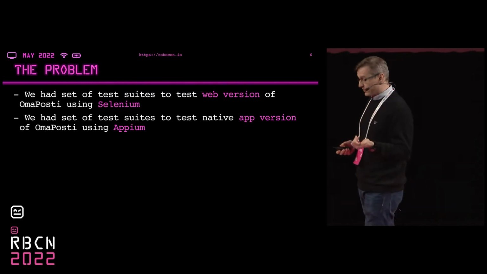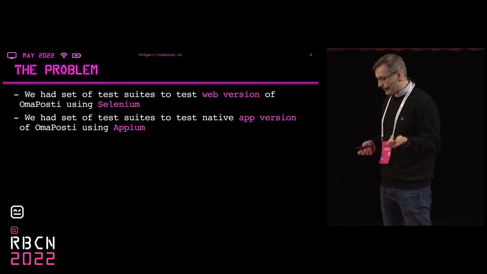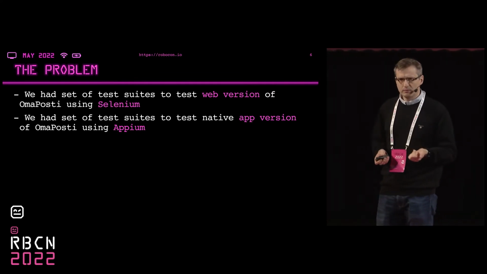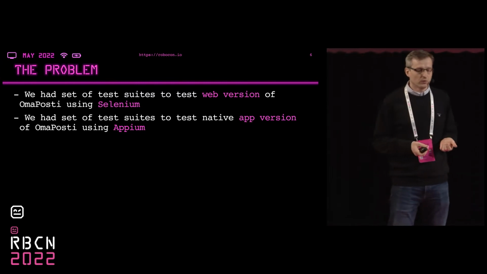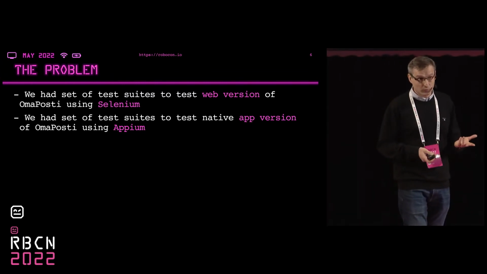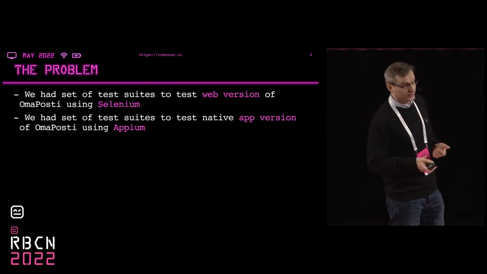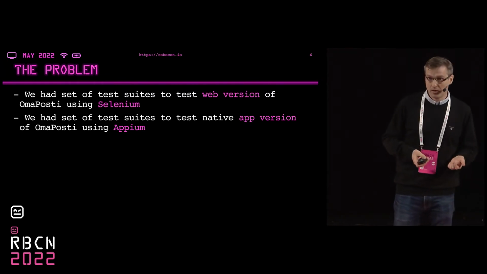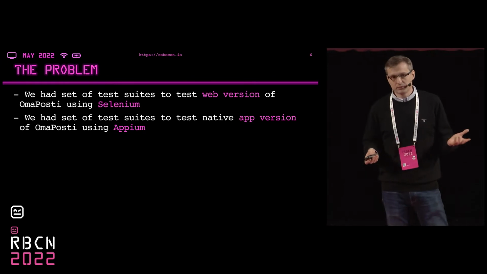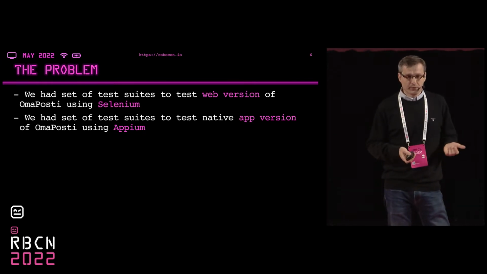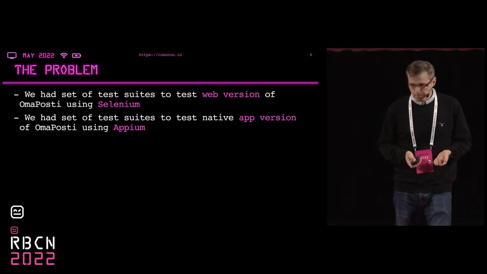With the introduction of the hybrid app, the web version was still working, but the app version stopped working. It was pretty much like a new app from the test automation perspective. All the test cases were failing. So we needed to do something about that.